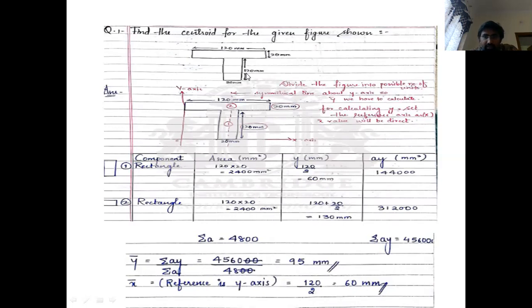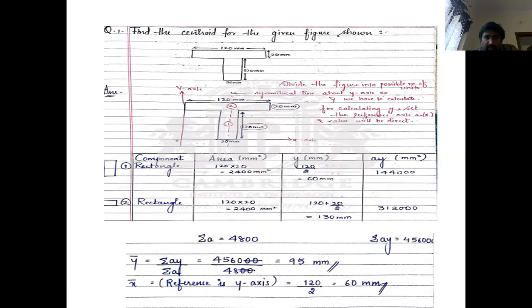So if no reference axis has been given, what are you supposed to do? Your first step is to keep this entire figure in the first quadrant. So I started it from here. This is the origin of the axes. This is the vertical reference axis, and similarly this will be your horizontal reference axis, right? Once you fix this in the first quadrant, what am I supposed to do?